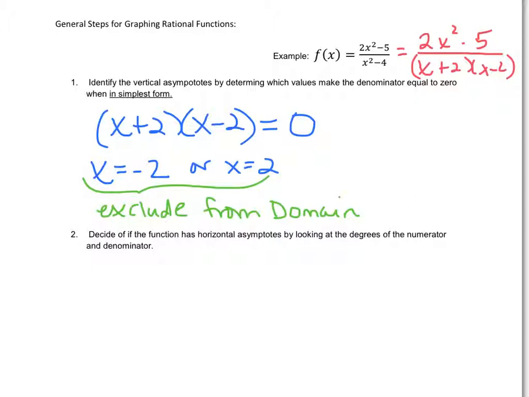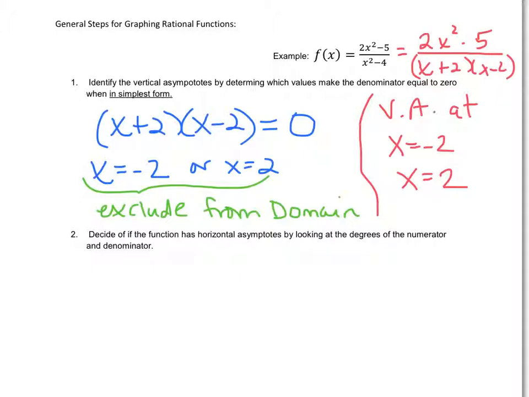So far what I have are vertical asymptotes, and I usually just abbreviate these as VA: the vertical lines x = −2 and x = 2. So right there I have two vertical asymptotes, which usually means this graph is going to be in three pieces, because the vertical asymptotes, if you think about them, break that graph into three pieces.